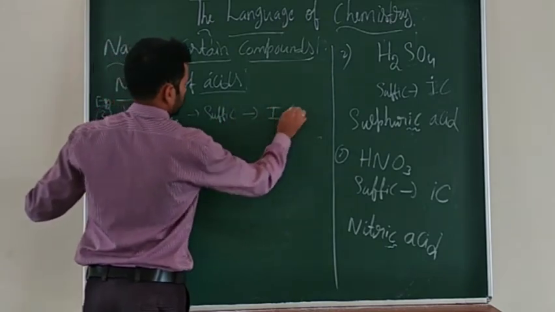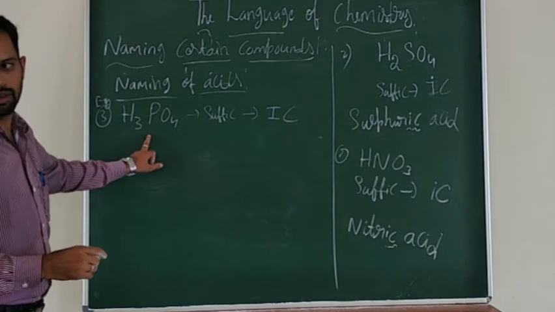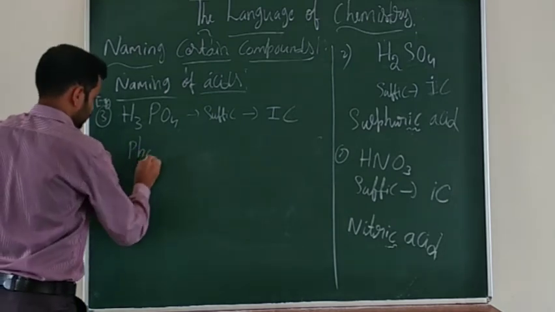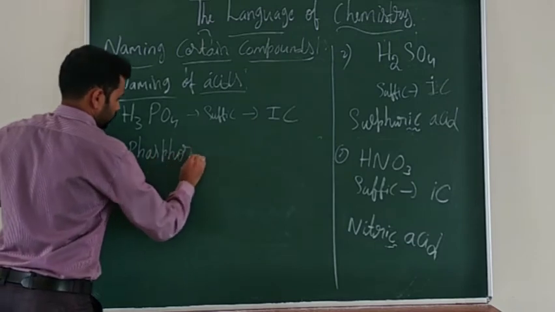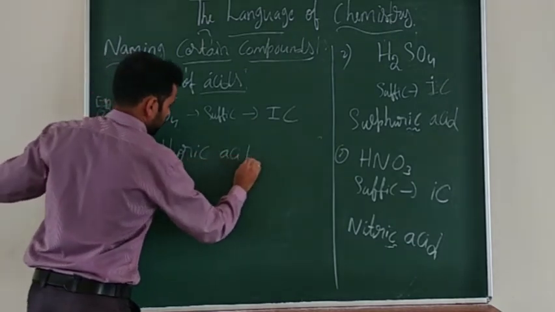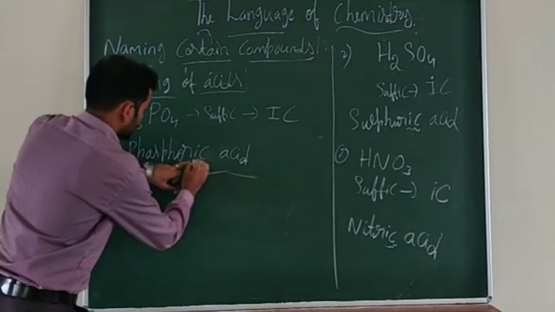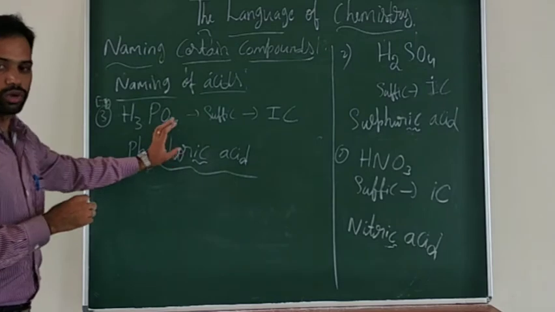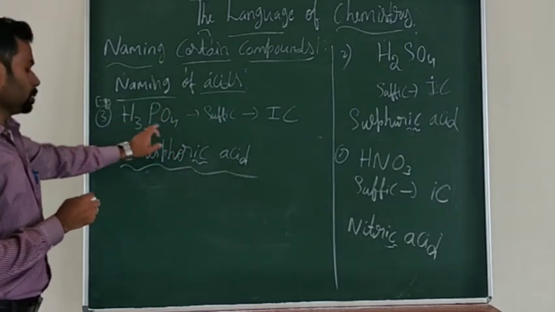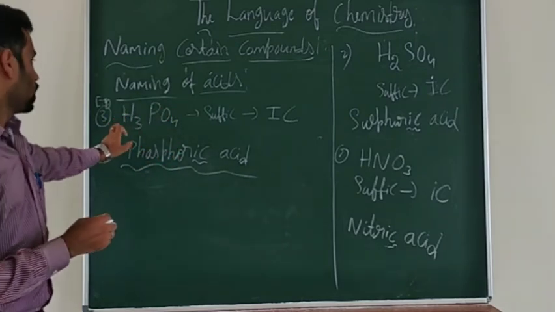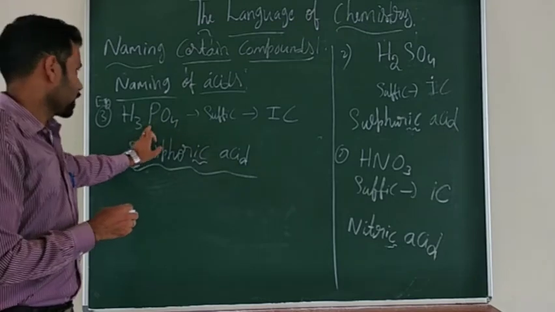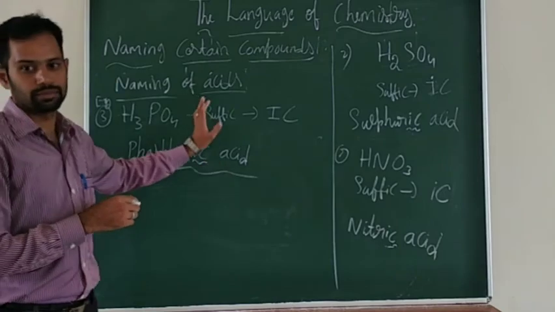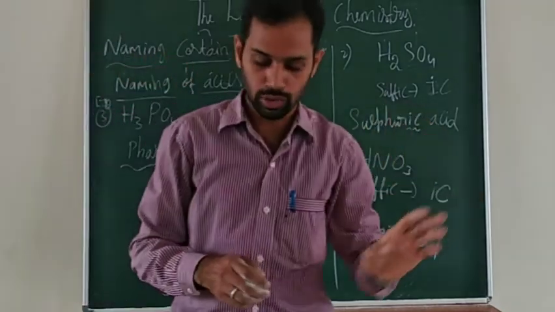From the second element you start: phosphoric acid. Suffix IC is used. So this is how to name the compound. It is a polyatomic compound. Based on the second element, we start the name.